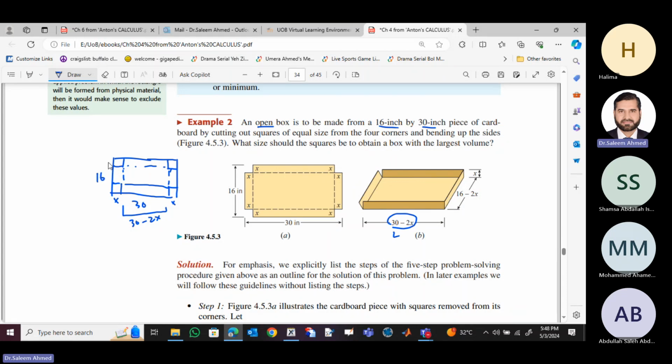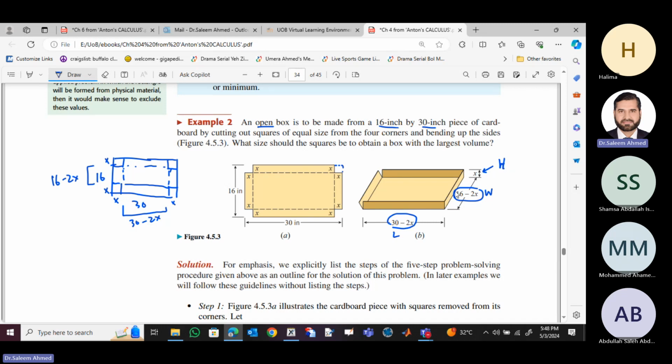Here it was 16, but 1x I cut from here and 1x from here. So the width of this box is now 16 minus 2x. And what will be the height? The height will be the measure of the square, because when I bend it, this will go up. So x will become the height, h, right?